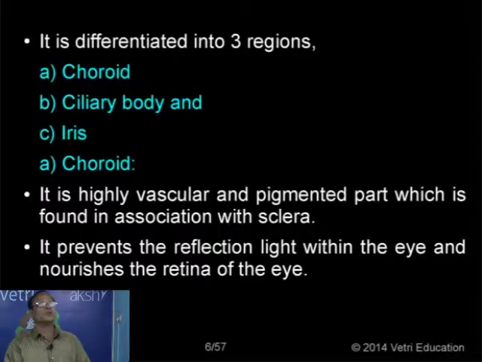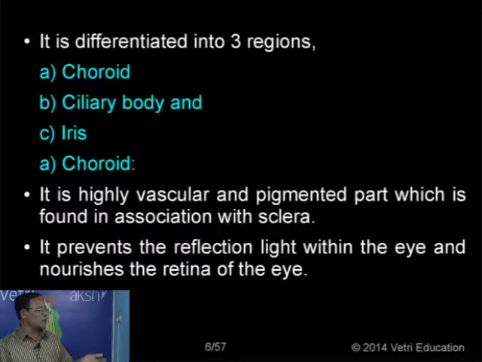Now what is the function of that one? If this layer is non-pigmented, it doesn't prevent the reflection of light, leading to the photophobic condition. The main function is comparable to the inner dark layer of the camera, which prevents the reflection of light within the eye.